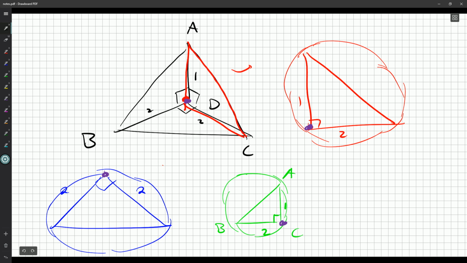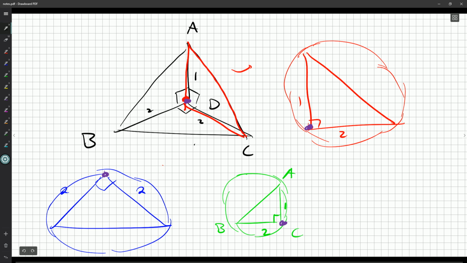Oh, root 5 plus 1 over 2 looks attractive. I like the golden ratio when I see it. I'm sure someone who was a lot more versed in circumspheres and 3D geometry formulas would know how to work with a right tetrahedron and get a formula for the radius. Sadly, I am not such a person.